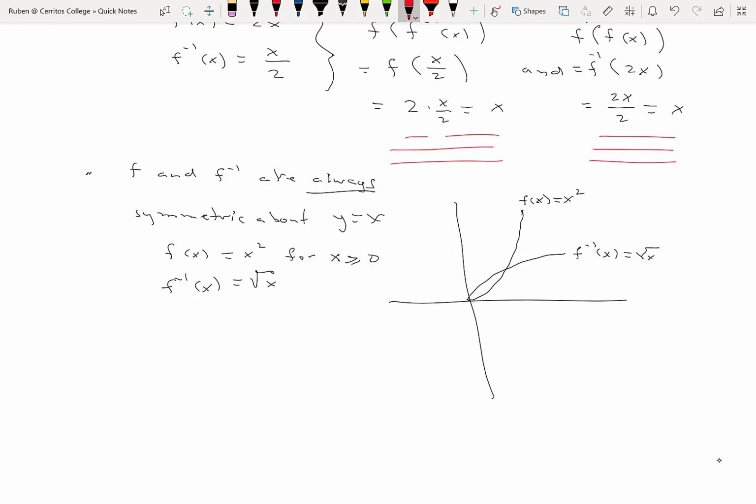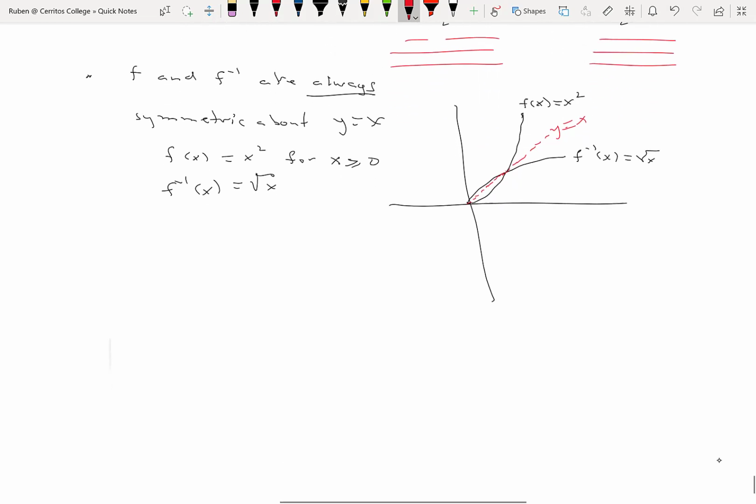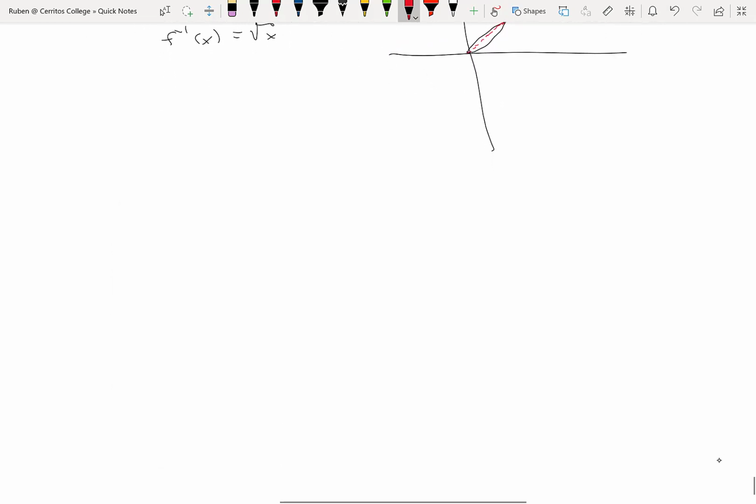Those two graphs are symmetric. They are reflections of each other across the line y equals x. This is always true. Okay? And now let's solve the first problem, not the one of inverses existing.